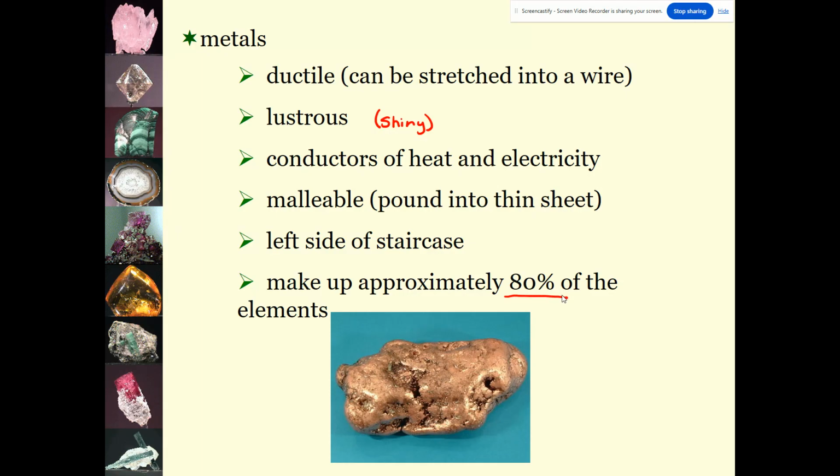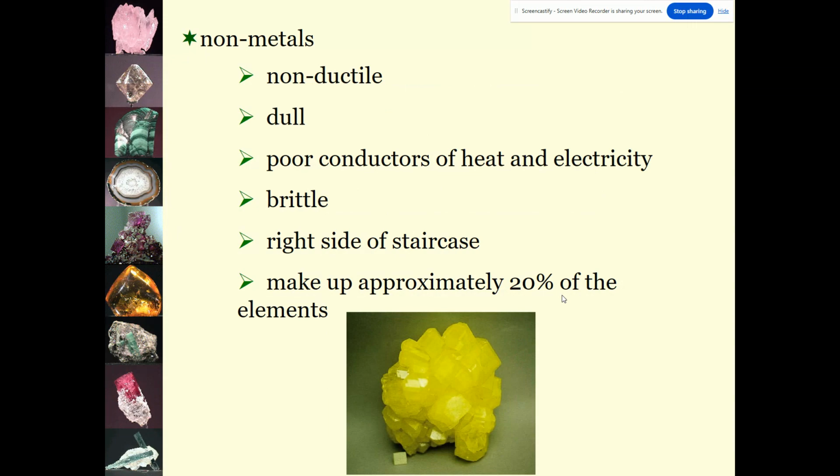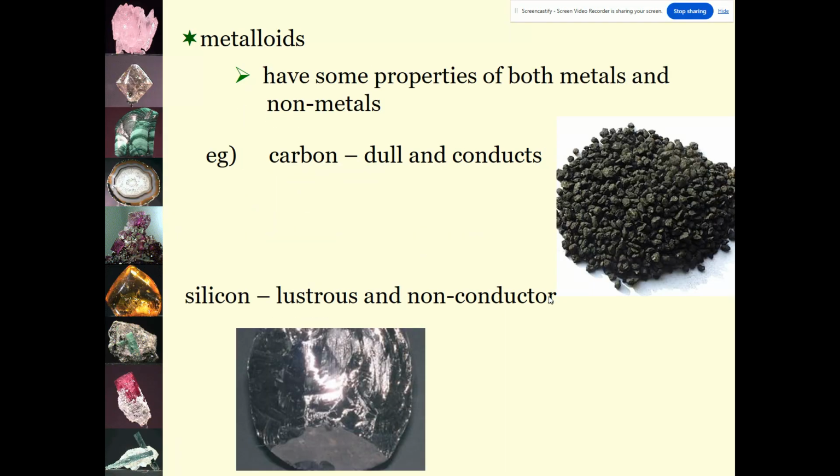Now, nonmetals, on the other hand, are basically all opposites. They are not ductile, they're brittle, they're dull, they do not conduct, or if they do, very slightly. They're found to the right of the staircase line and make up the other 20% of the elements on the periodic table. Now, as I mentioned, metalloids are some of the elements along the staircase line that can have properties of both sides.